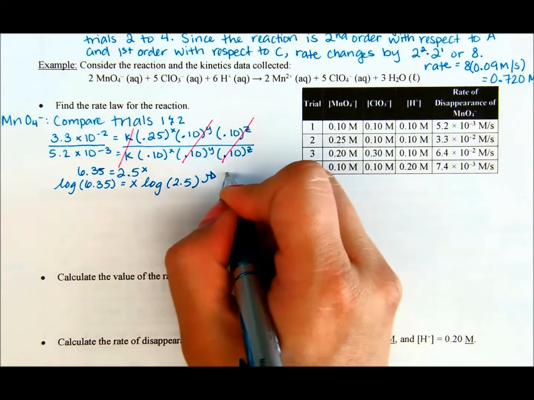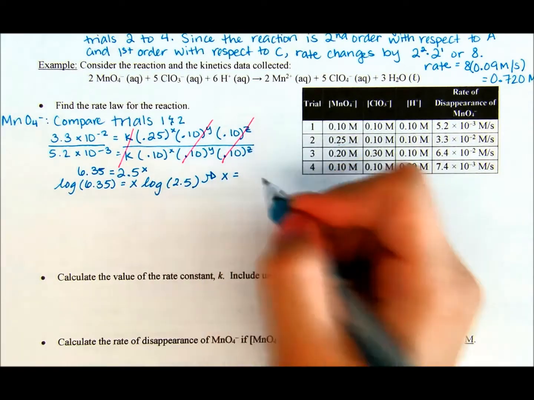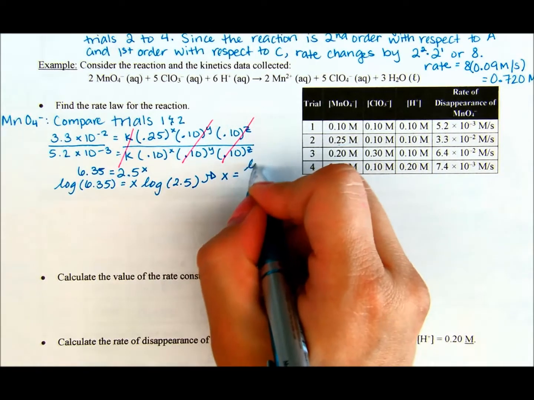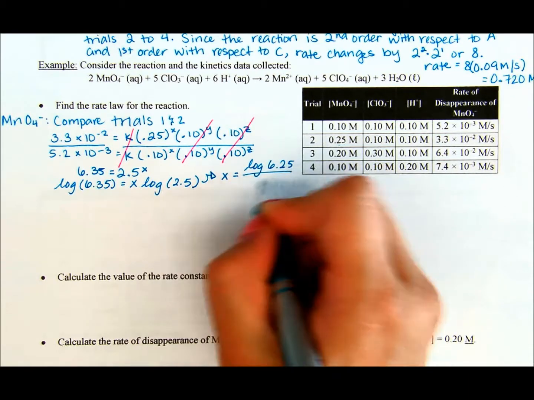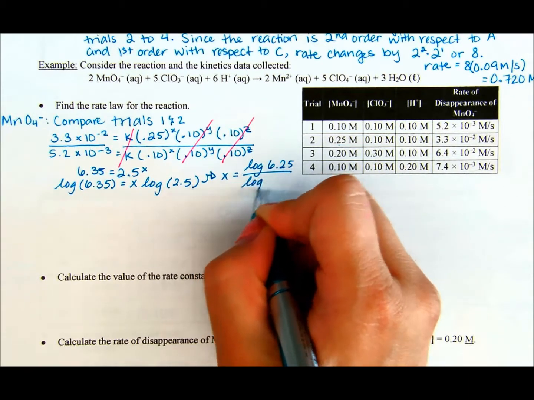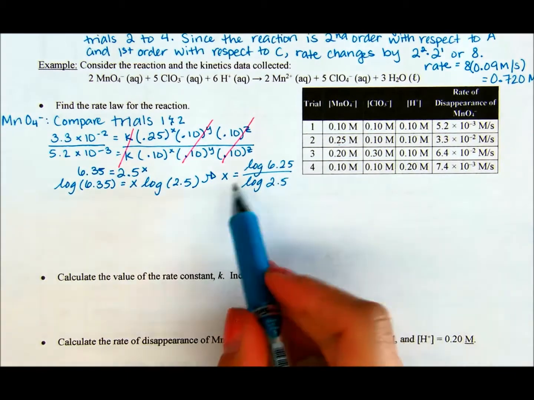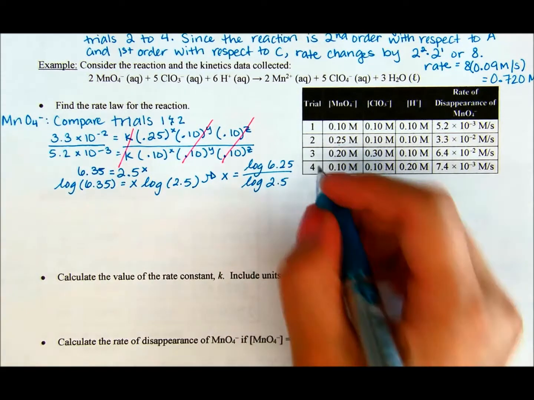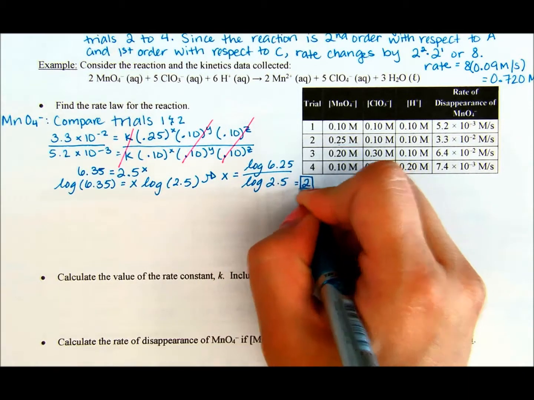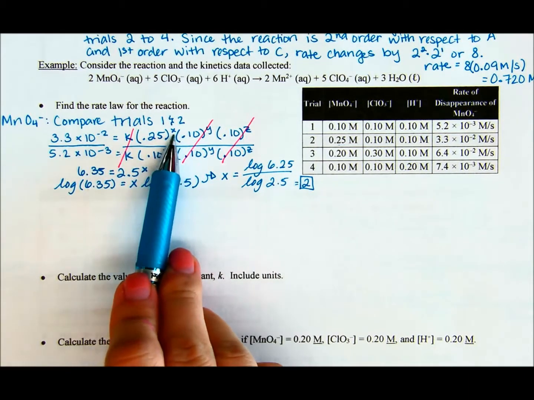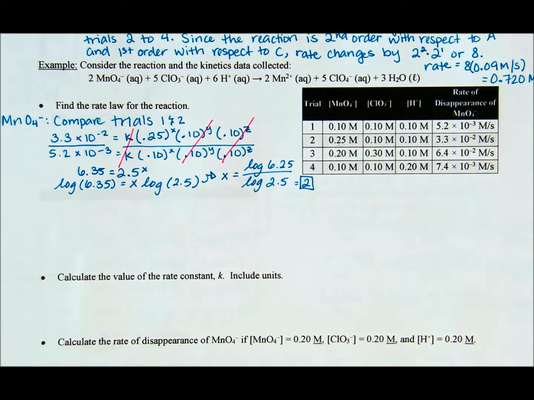And I'm just going to rearrange this. So using another definition, that means that the log of 6.35 divided by log of 2.5 is going to give me whatever x is. And in this case, when I plug all that in, I find that that equals 2. So that means this x, or this exponent, we know is 2.